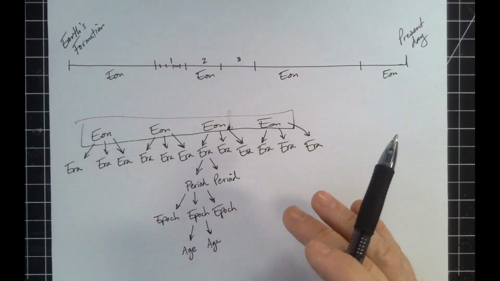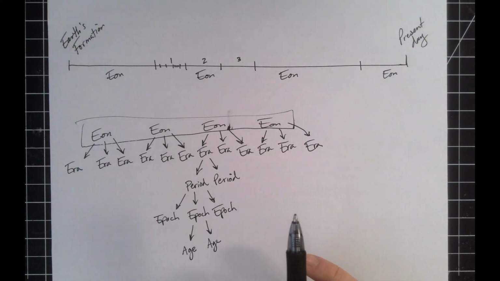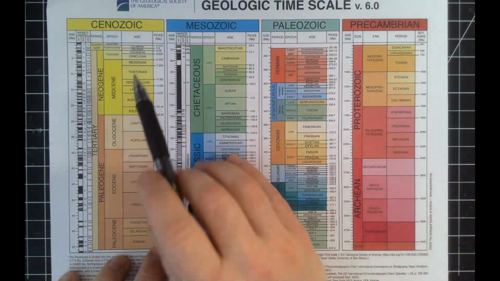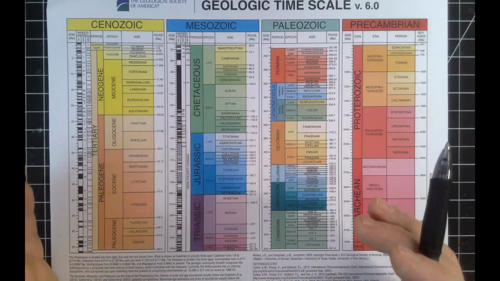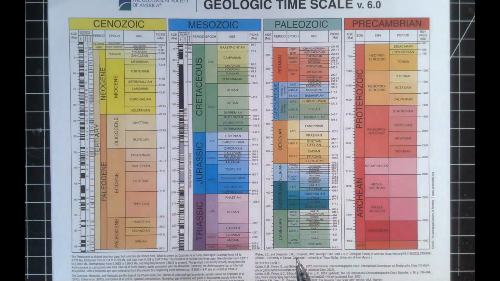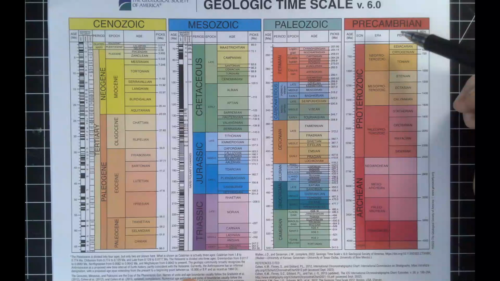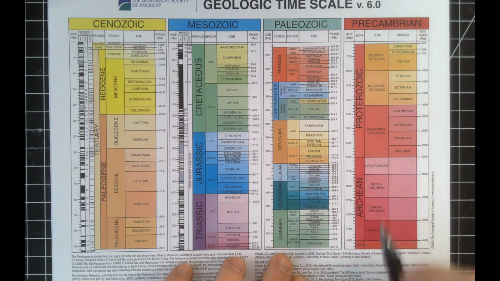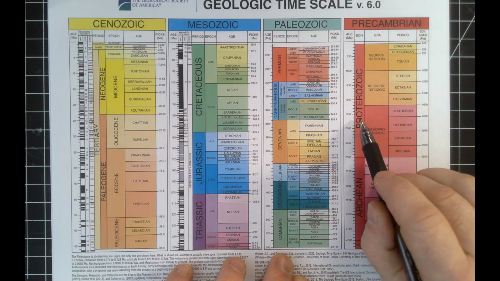Now, the way we're going to break down the geologic timescale for the project is by looking at some of the larger chunks. So you're going to have your three main Precambrian time eons: your Hadean eon down here, your Archean eon, and your Proterozoic eon.